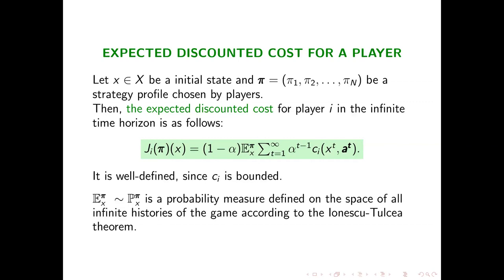This probability measure is, of course, induced by the transition probability P, the initial state x, and the strategies chosen by the players, so from pi 1 to pi n.